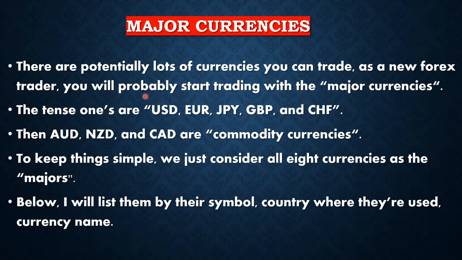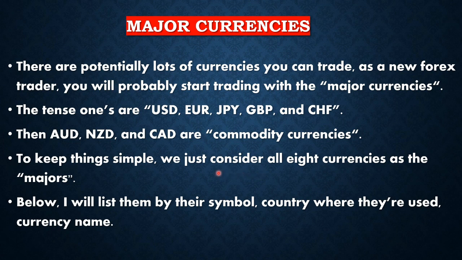Major currencies simply mean the top ones: USD, Euro, JPY, GBP, CHF, then AUD, NZD, CAD. These three currencies here are commodity currencies. I'll explain that later on. To keep things simple, we just consider all 8 currencies as the major currencies.